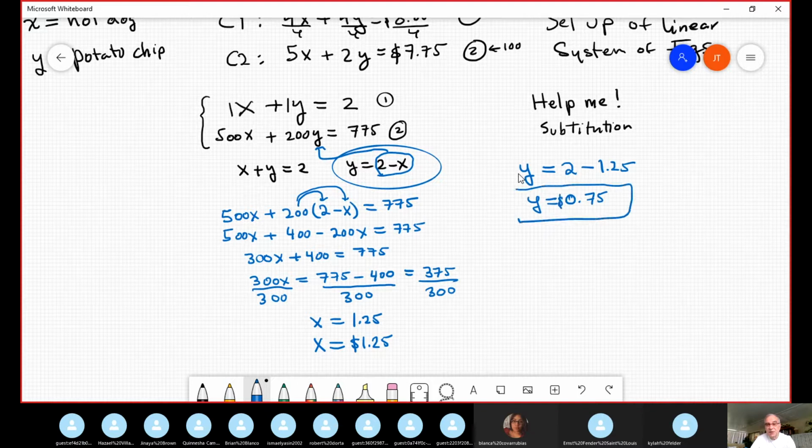And the answer is this: the price of the hot dog is $1.25, and the price of the potato chip is $0.75. Entonces, my opinion, hot dog is option B in the problem.